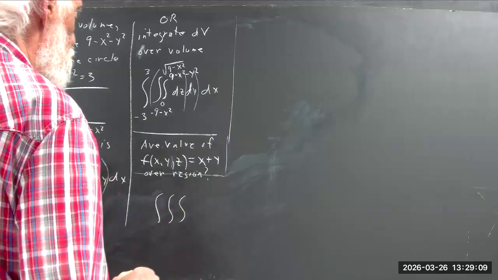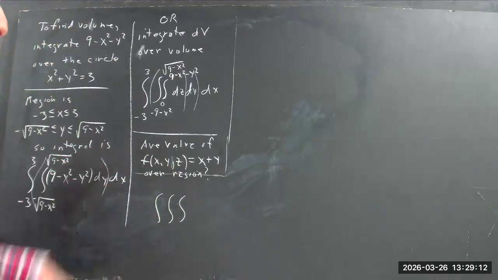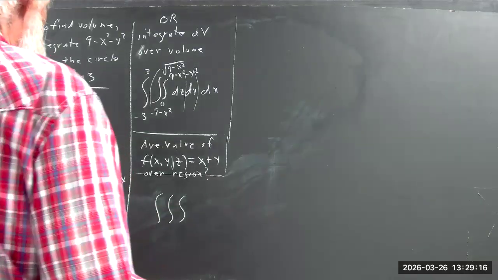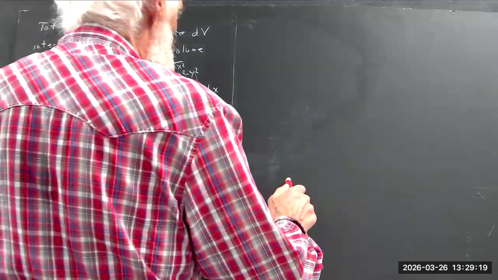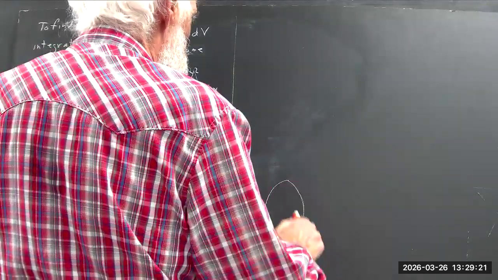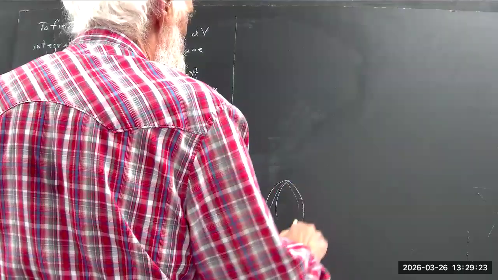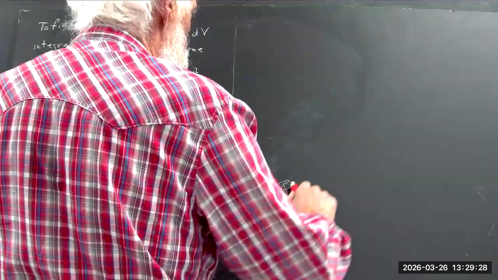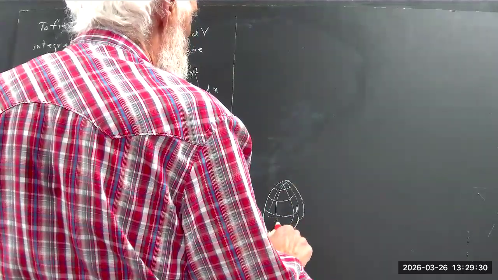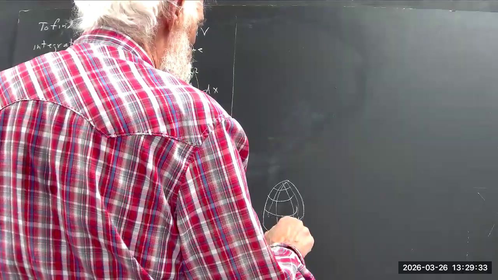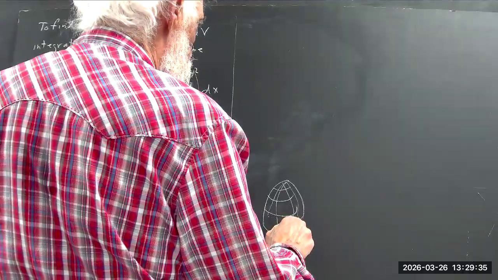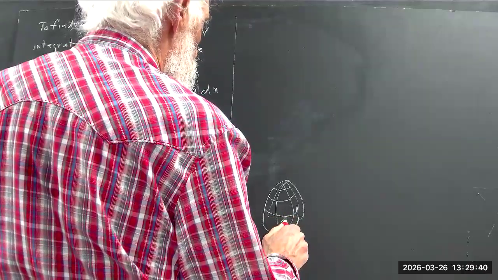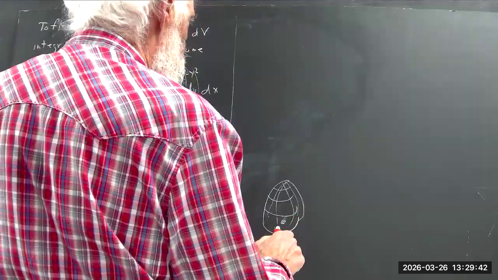First place, you have to integrate f of x, y, z over the region. Now your picture is, you got your region. Looks something like this. Down here, you've got an area increment in your XY plane.